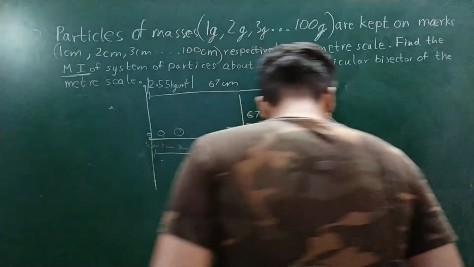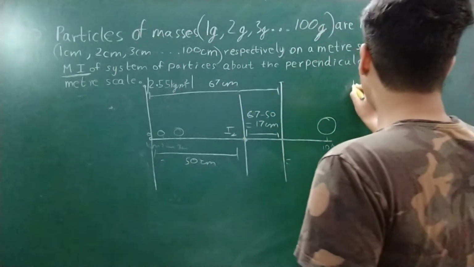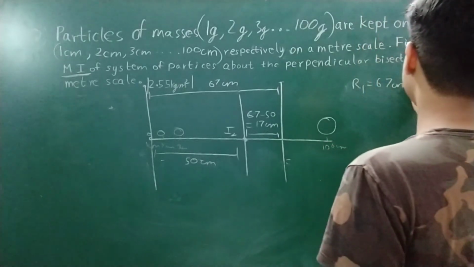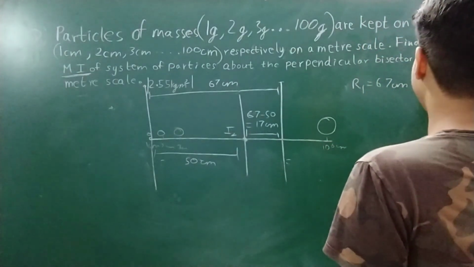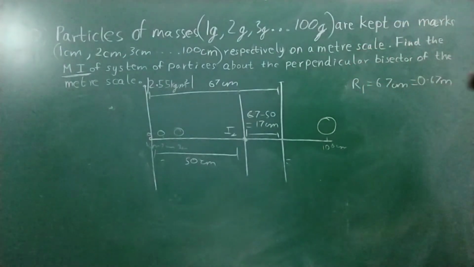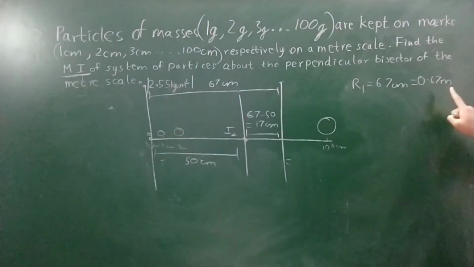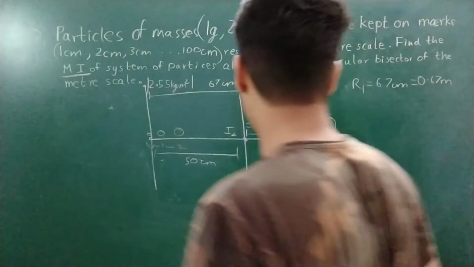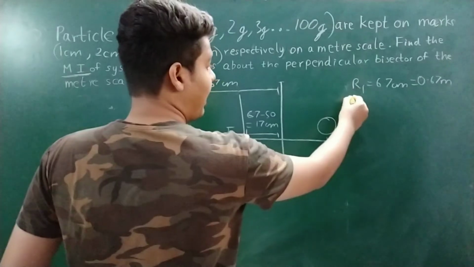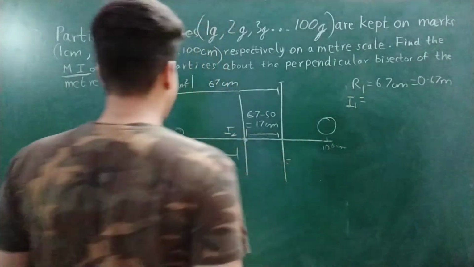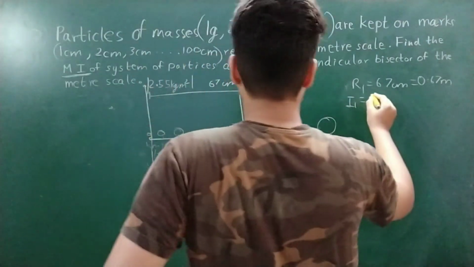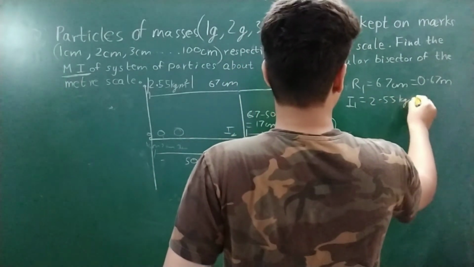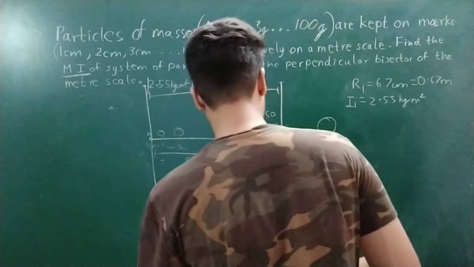Now let me consider R1 equals 67 centimeter, that is 0.67 meter. This is the distance of the actual center of mass. Similarly, I1, the actual moment of inertia, is 2.55 kg meter square.